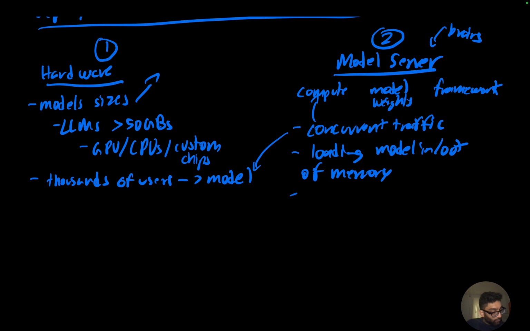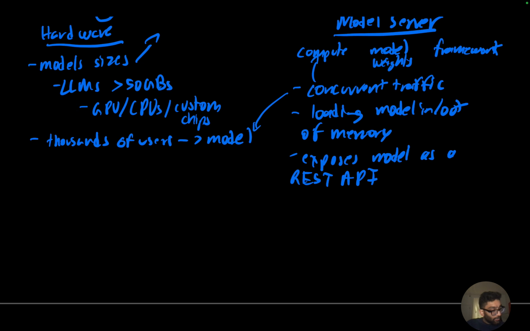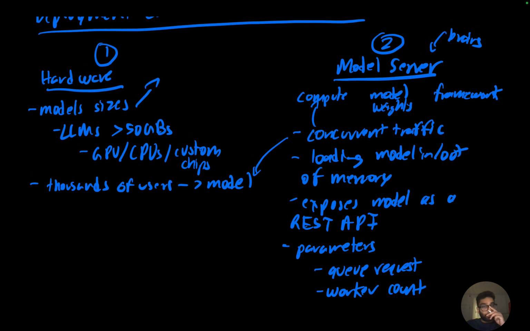It exposes this model as a REST API. And like I said, it also lets ML engineers such as us, who build familiarity or experience with these different model servers, tune different parameters. So on the server side, you can, for example, queue requests. You can tune things such as the worker count, and this is where I was alluding to the concurrent traffic, if that was a little unclear earlier.